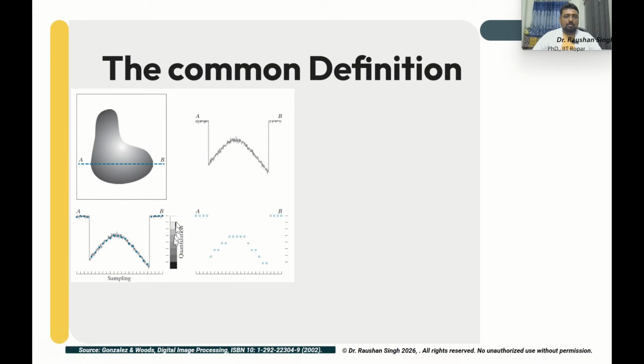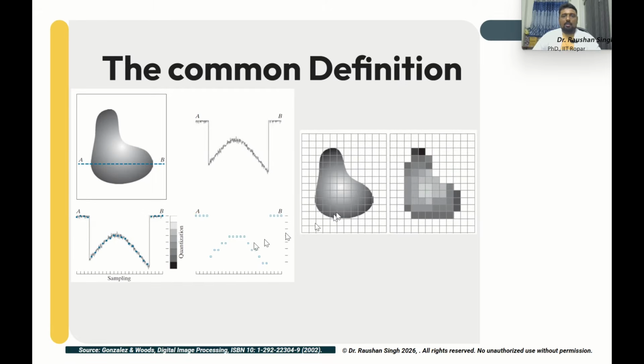This is quantization, and this is your sampling, the plotting of the graph based on pixel intensity values. Now this is nothing but pointing those values and recreating them. From here it identified and stored the values. Now you can see this corner, this part of the pixel is colored.